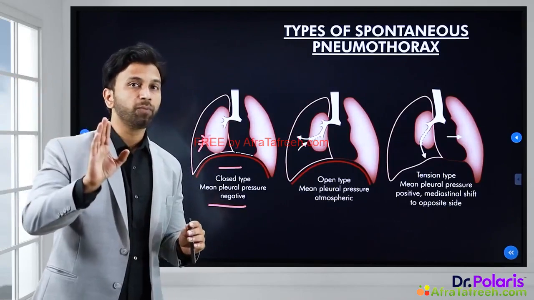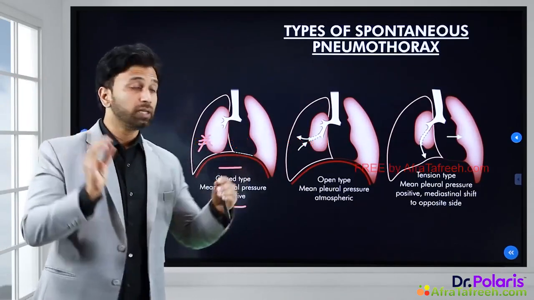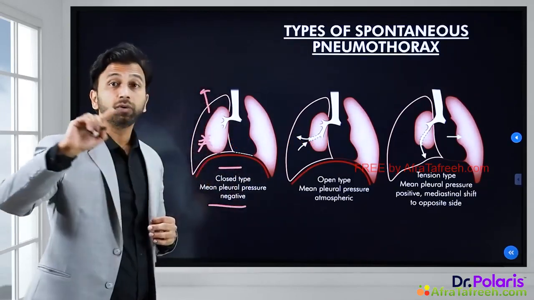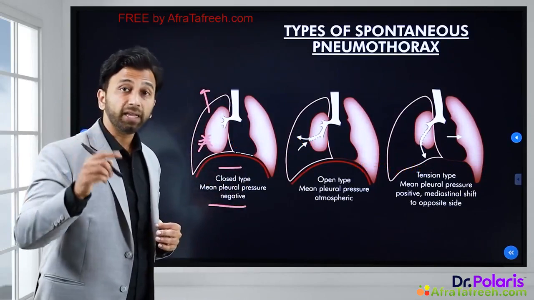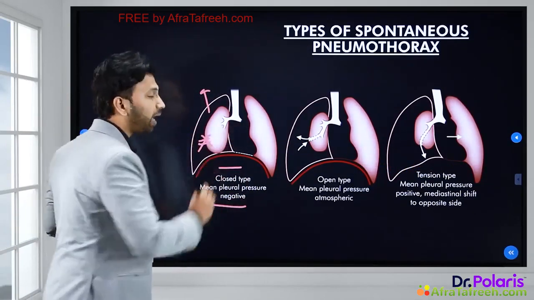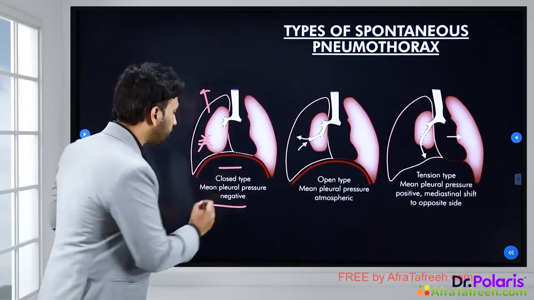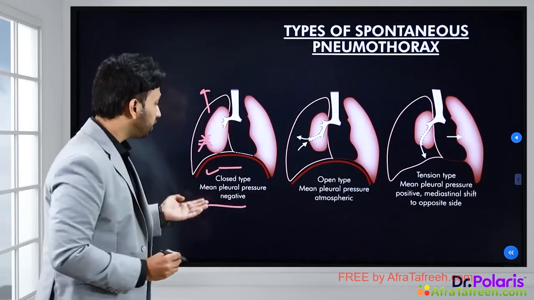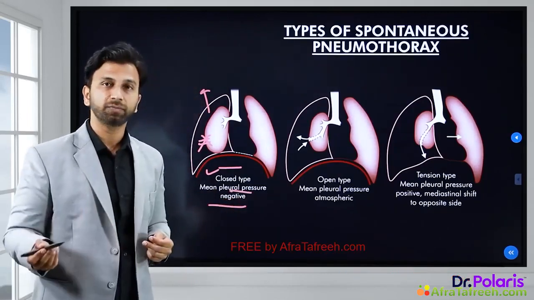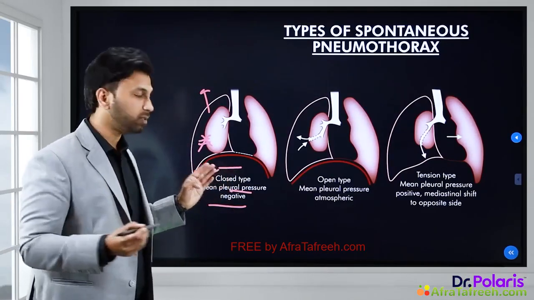So there is no more communication between the pleural space and the alveoli, and the amount of air collected is not going to increase. Over time, the air is going to be reabsorbed and it is going to resolve spontaneously. So usually the closed type is a benign form, and here the mean pleural pressure is negative.